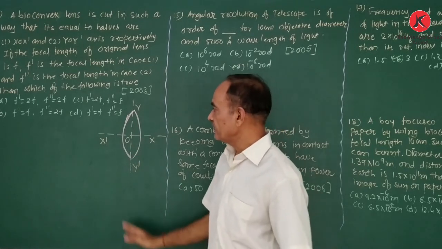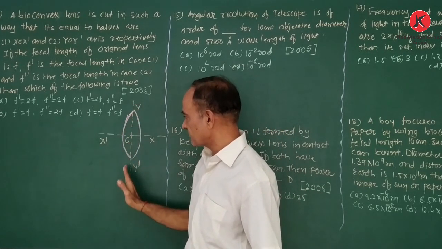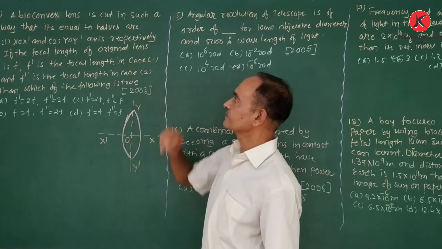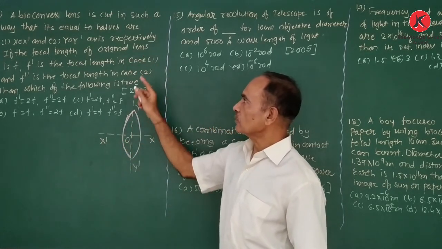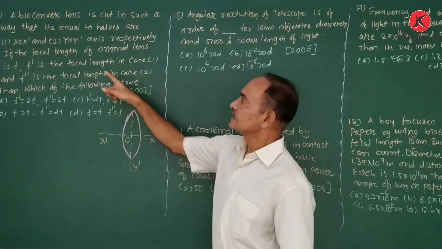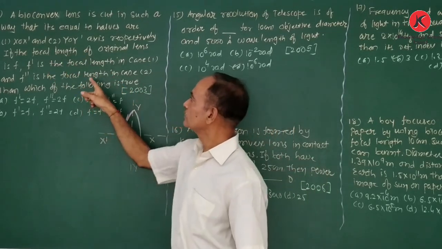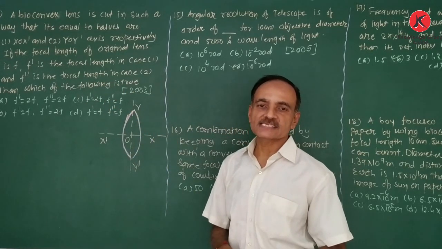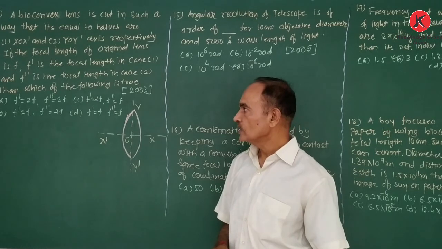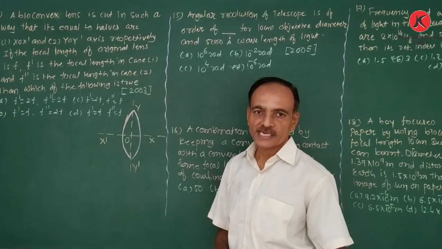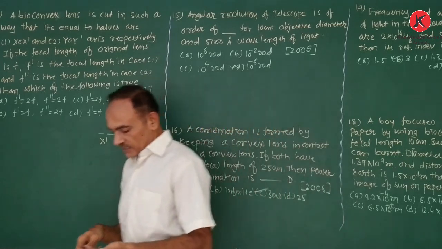Then we divide this convex lens along the vertical axis, this part and this part, right? If the focal length of the original lens is f, and f dash is the focal length in case 1 and f double dash is the focal length in case 2, then which of the following is true? Right?